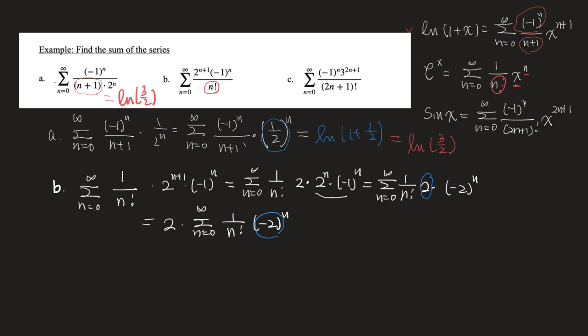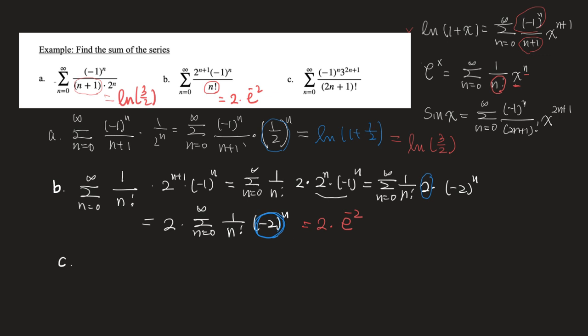Now you notice this one is x. Replace x with negative 2. So you have 2 times e to the negative 2. The sum of this series is going to be 2 e to the negative 2. So you find the sum of that series.